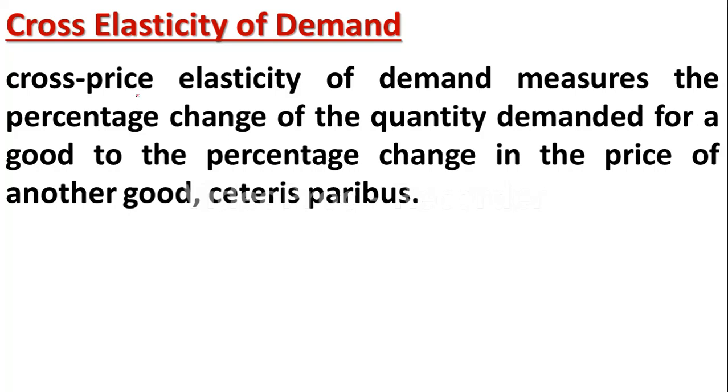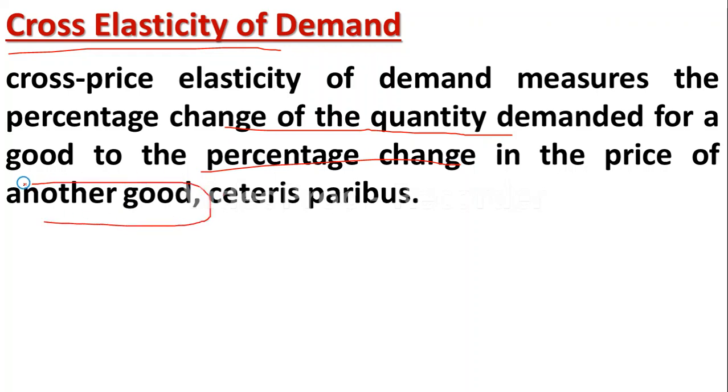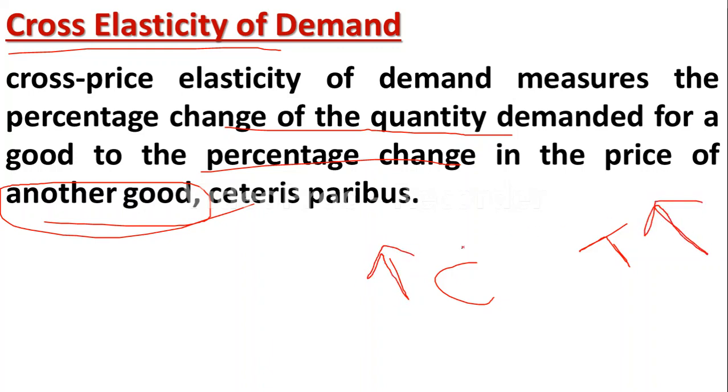Next, cross elasticity of demand. Cross elasticity of demand measures the percentage change of the quantity demanded for a good to the percentage change in price of another good. Then it is known as the cross elasticity of demand. For example, tea and coffee are two goods. When the price of coffee rises, the demand for tea rises. When the price of coffee decreases, demand for tea decreases.